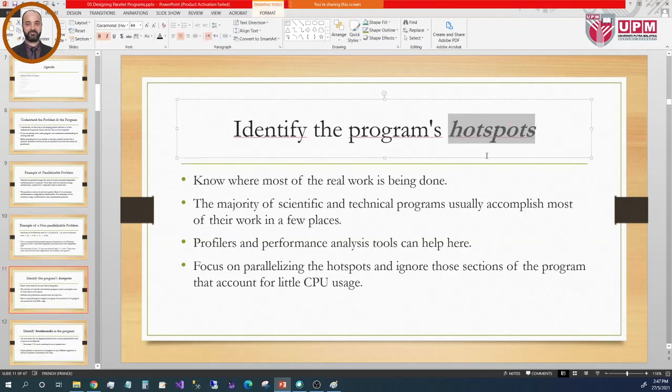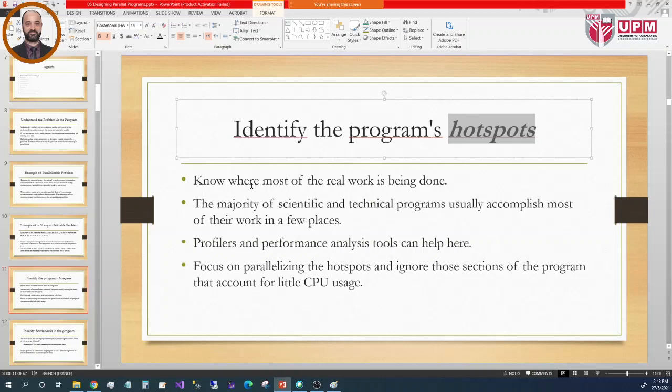What does it mean, hotspots of the program? It means the critical points or the main points that cause a lot of delay, for example, or have a lot of complexity. Those hotspots are supposed to be solved or parallelized in order to reduce the processing time, the cost, the waiting time, and so on.